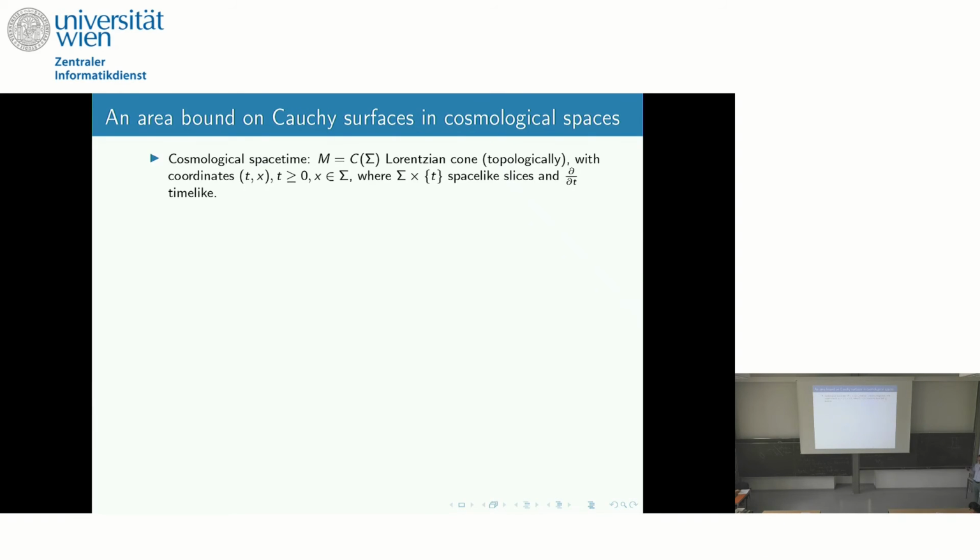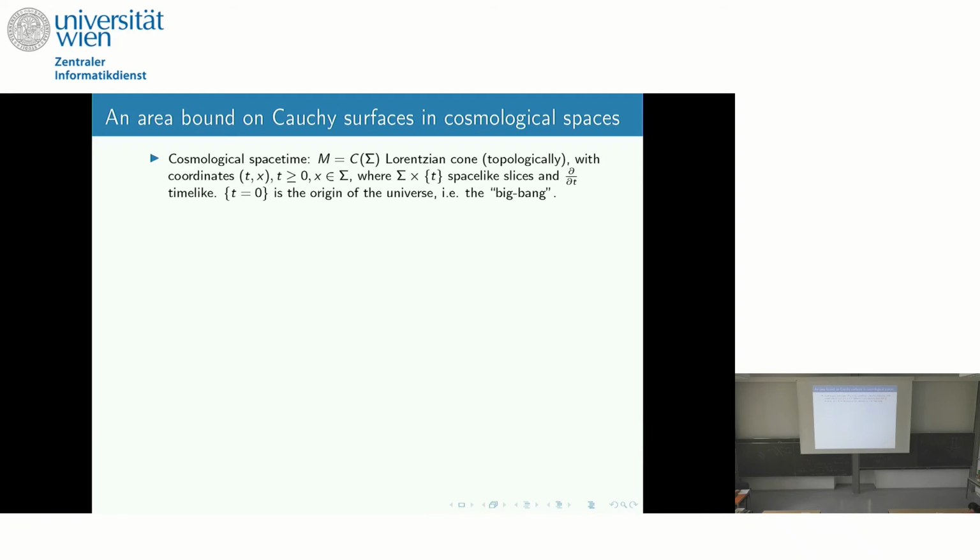So basically you look at the universe at a very, very large scale and you want to get some information there. So the model is that your four-dimensional spacetime is topologically a Lorentzian cone over some three-dimensional manifold sigma. Let's put coordinates t, time, and x in sigma.